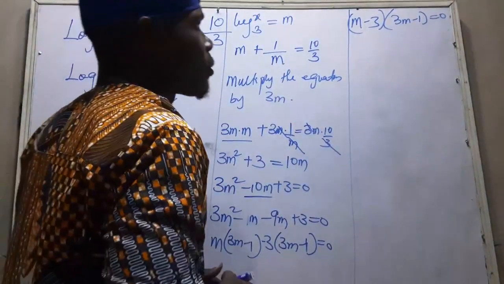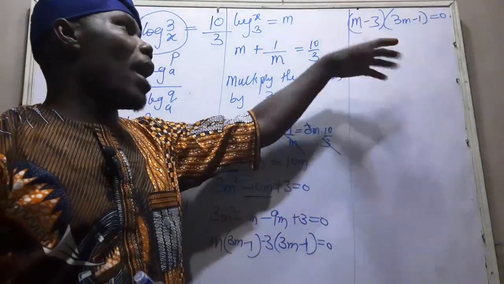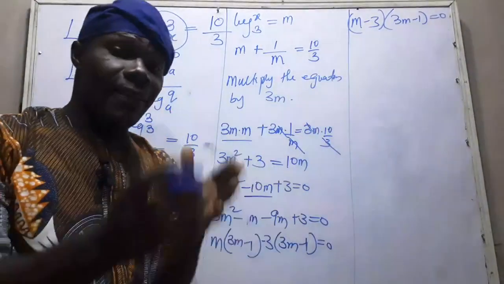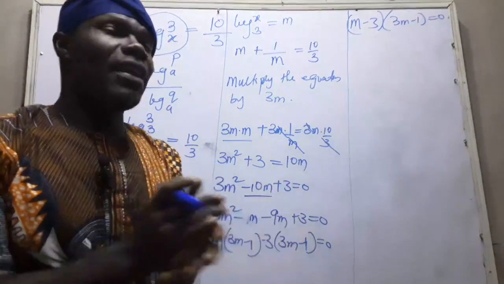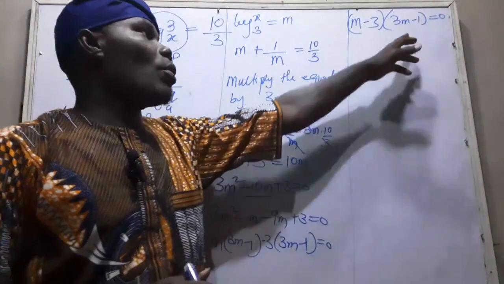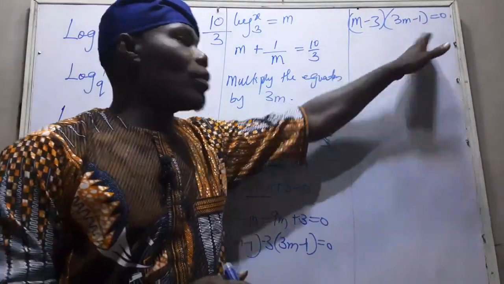I used to say in my previous video that anytime you have two values multiplied and it gives us 0, it lets us know that either the first one is equal to 0, or the second one is equal to 0.